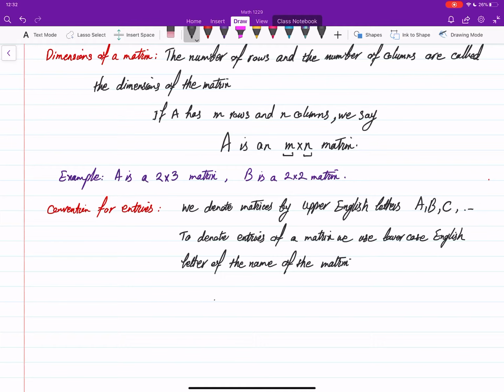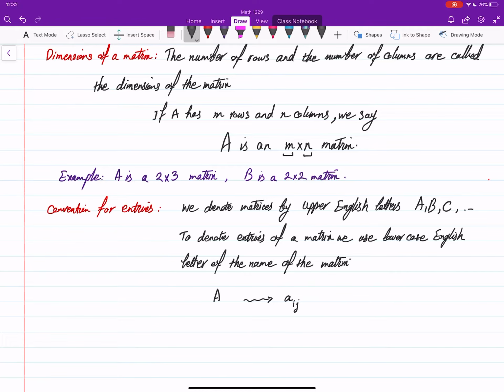So if I have A, then we are going to denote the entries of A by lowercase a. Well, I need two numbers also, so you will see there will always be i, j there.